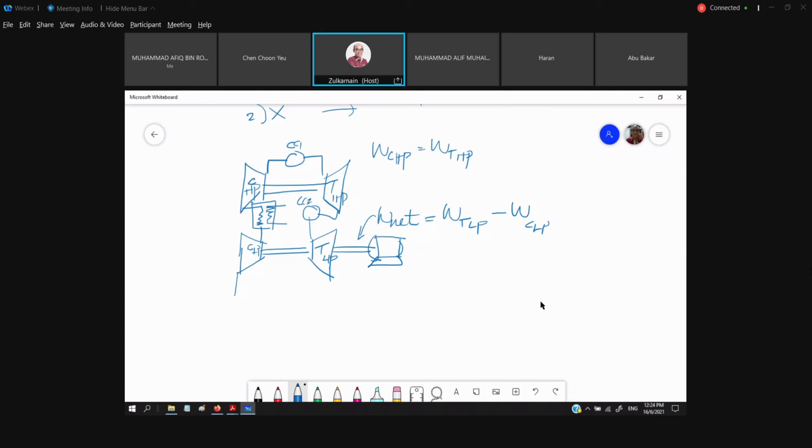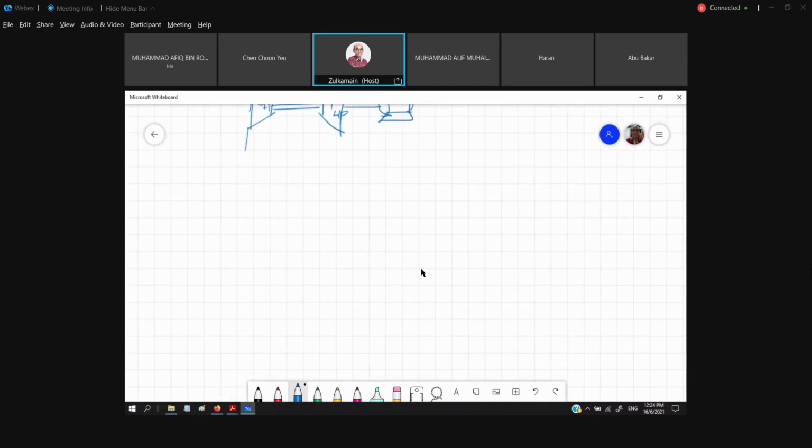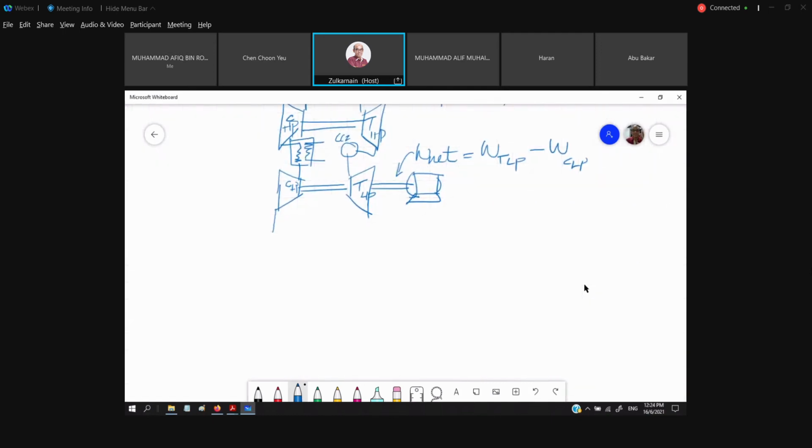And we could have another arrangement. What arrangement do you think we could have? We could have one turbine driving both compressors. And the last turbine is called the power turbine. Maybe we could have right here our reheat.